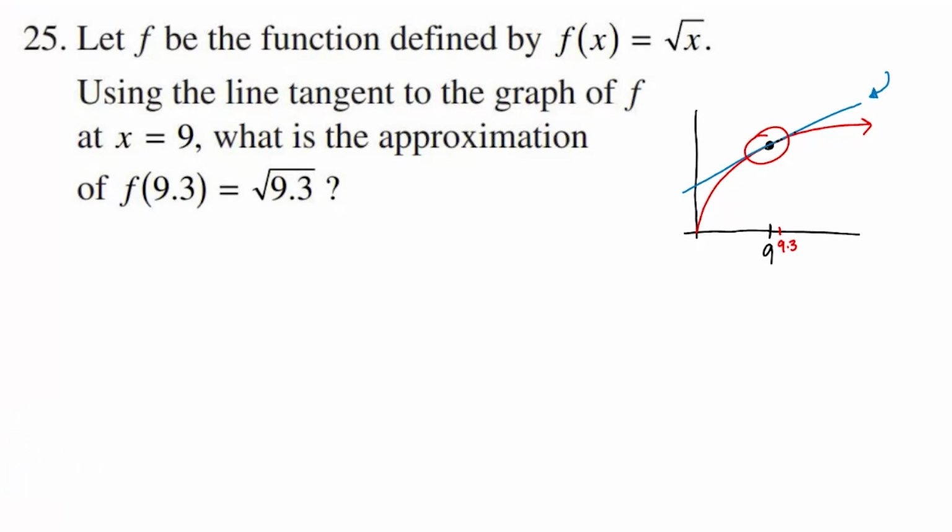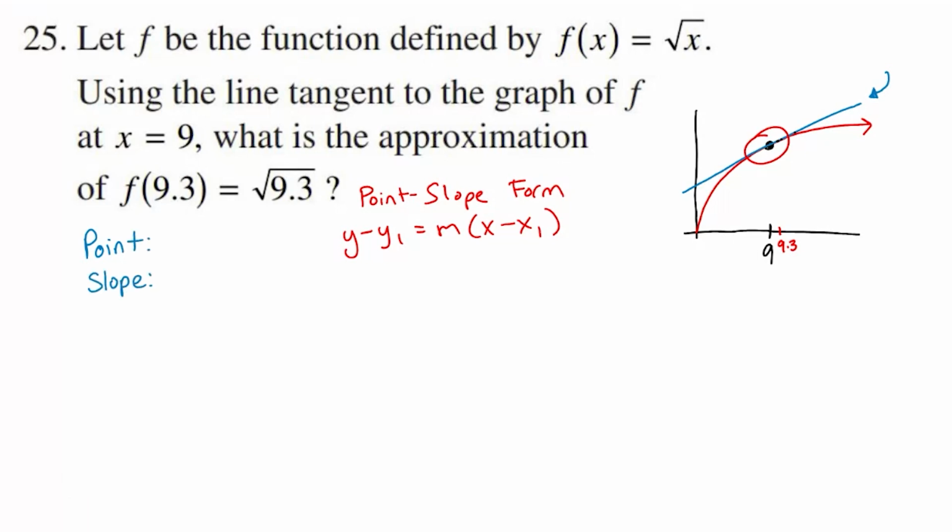To come up with the equation for that line, we are going to use point-slope form of a linear equation. The point-slope form of a linear equation is y minus y1 equals m times x minus x1. We will need the point of tangency, where that line is tangent to the curve, and we'll also need the slope of that tangent line.